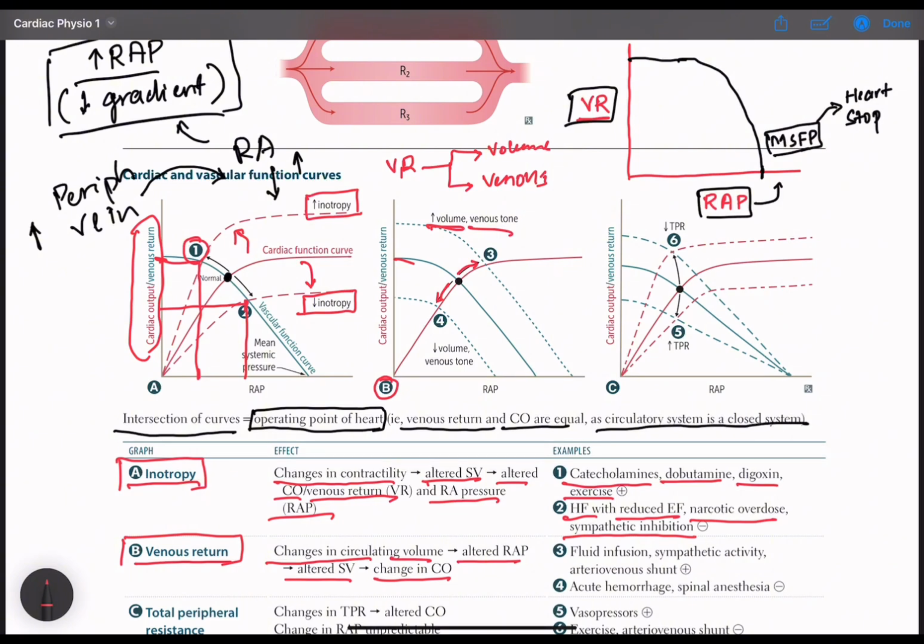So any condition which leads to increased volume, like a transfusion of blood or IV fluid transfusion, and increased venous tone would shift the venous return curve to the right. So we will have increased right atrial pressure.